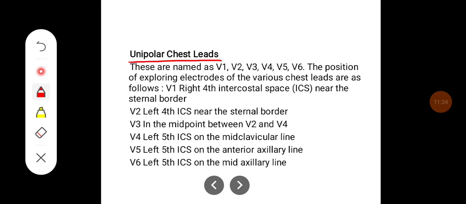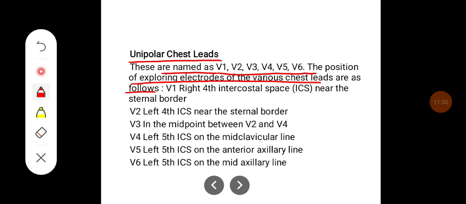Unipolar chest leads. These are named V1, V2, V3, V4, V5 and V6. The positions of the exploring electrodes of the various chest leads are as follows.